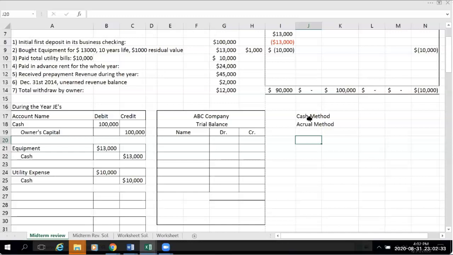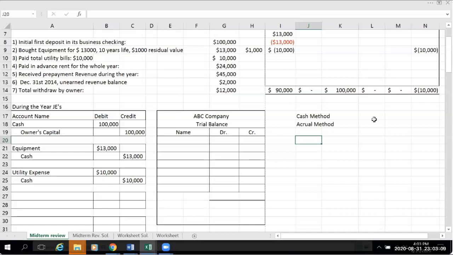You record revenue when you receive cash. You have to declare on your day 1 when you open a business, I'm going to do cash method or accrual method. IRS wants to know that when you file your taxes. If you are a small business, you can do cash method, no problem. As soon as you pay money to someone, it becomes expense. As soon as you receive cash, it becomes revenue.